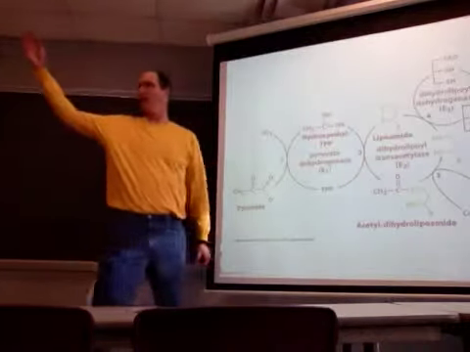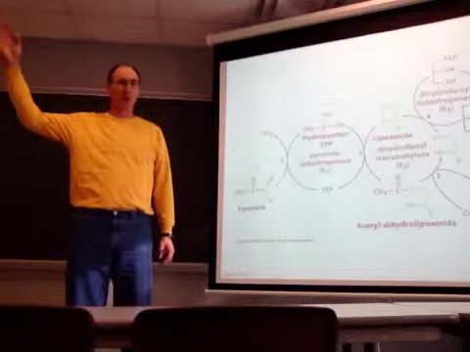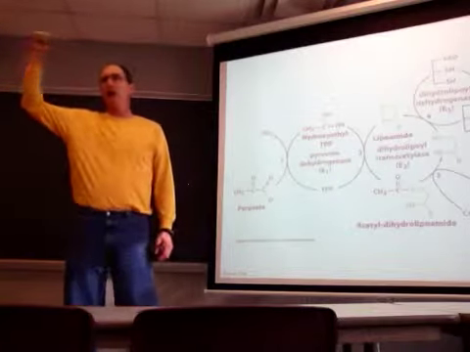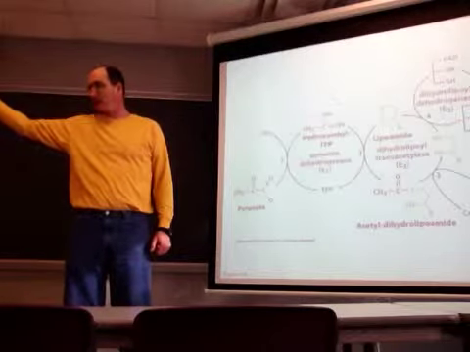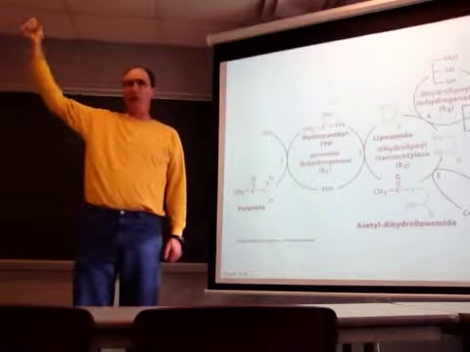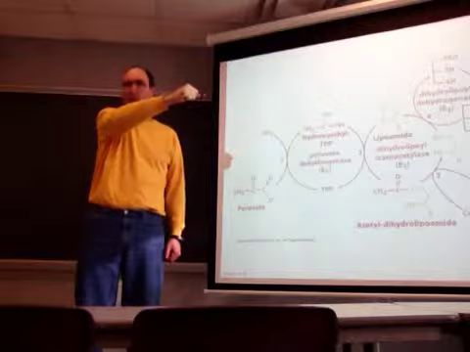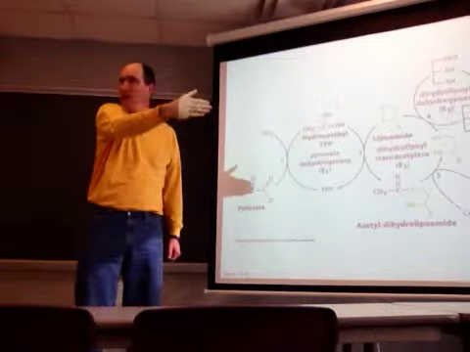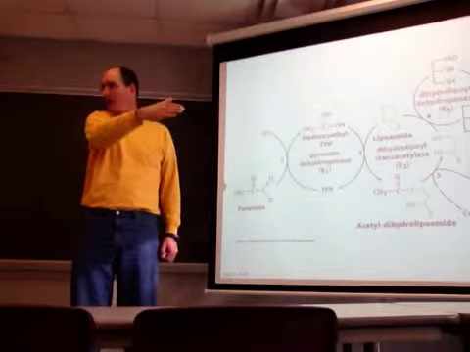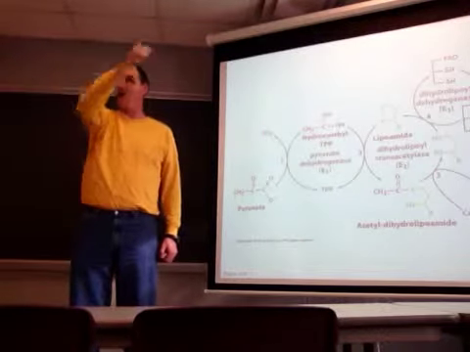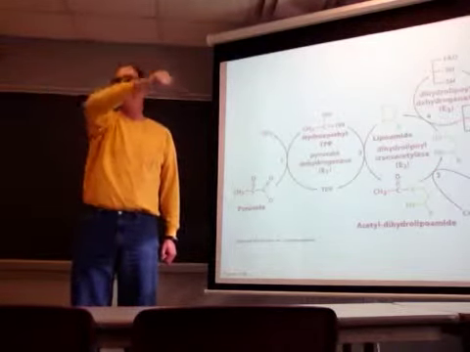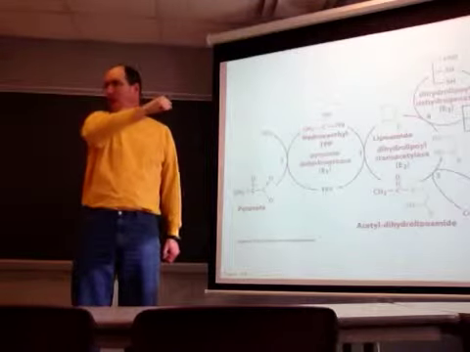So this long floppy chain is really reaching over to the E1 active site, picking up an acetyl group, and then flopping over to the E2 active site to give that acetyl group to coenzyme A. And so that link is important because it's going back and forth as a carrier of that acetyl group.